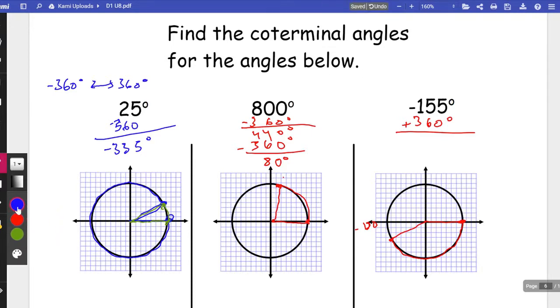Or if I wanted a positive coterminal angle, like what angle would this be if it were positive, ending at the same spot? We could add these together here, and you get 205. Which should make some sense because with negative 155, we were 25 degrees away from negative 180.